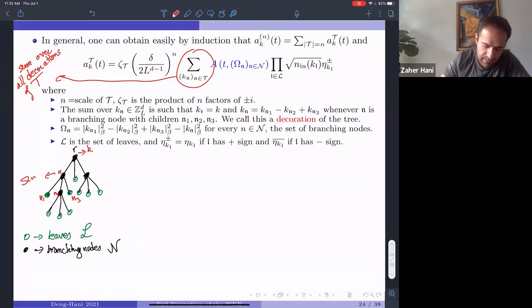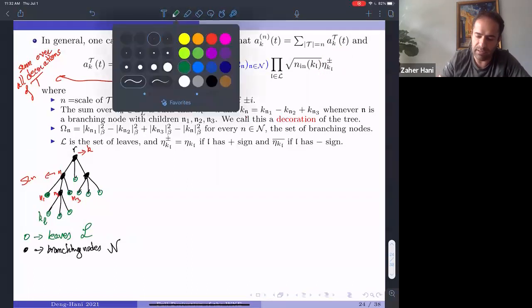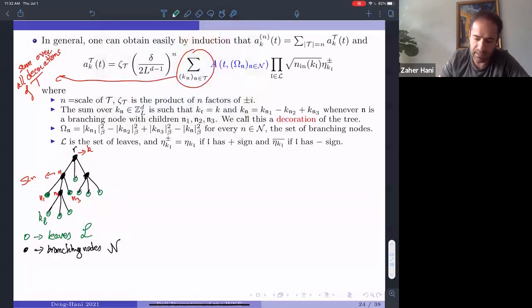This would be a leaf over here, this is k_L, this is the leaf L, and it has a decoration k sub L. And this is multiplied by the Gaussian factor, the randomness factor, where eta plus is eta and eta minus is eta bar, because of the signature of the tree.